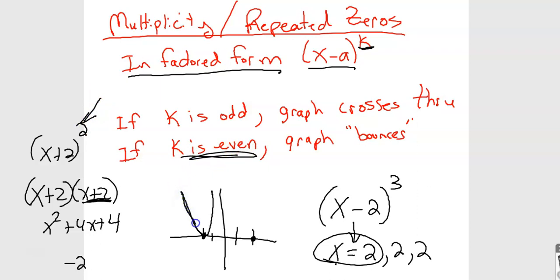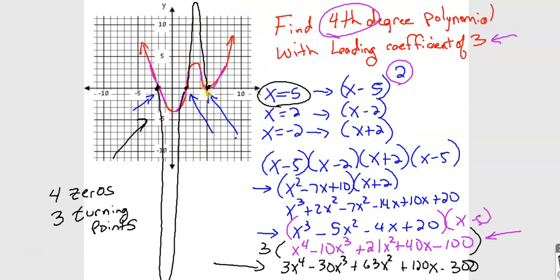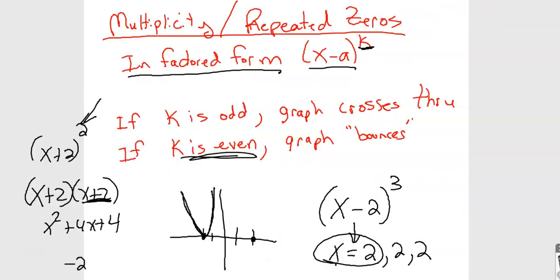Literally, it comes down to the zero and it bounces back up. Just like on the previous example, notice it bounced right here. So I know it happens an even amount of times, whether 2 times or 4 times or 6 times. If k is odd, much like this one, then it crosses through.